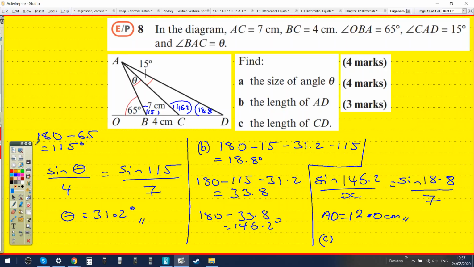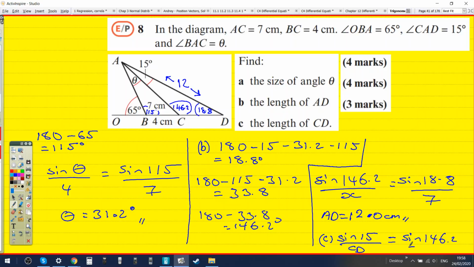And C. So, would you just do sine 15 over CD equals sine 146.2 over 12?